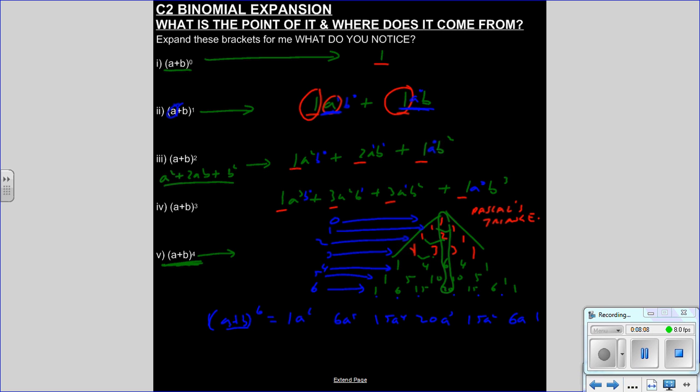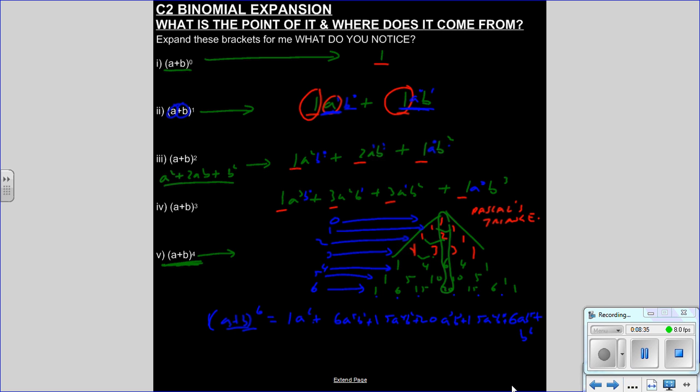And also this plus b to the 0, 1, 2. It escalates in power, doesn't it? So b to the 0 is the first thing. b to the 1, b squared, b cubed, b to the 4, b to the 5, plus b to the 6. Plus, plus, plus, plus, plus.